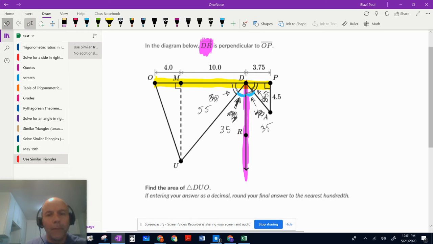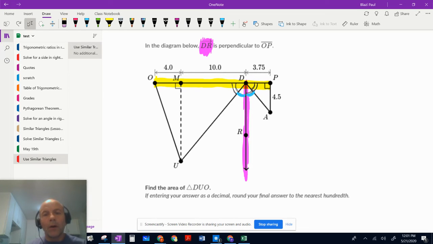Okay. All right. So cool. What that does for me now, that helps me to see that I have two similar triangles. So for instance, let's go ahead and draw the two similar triangles.